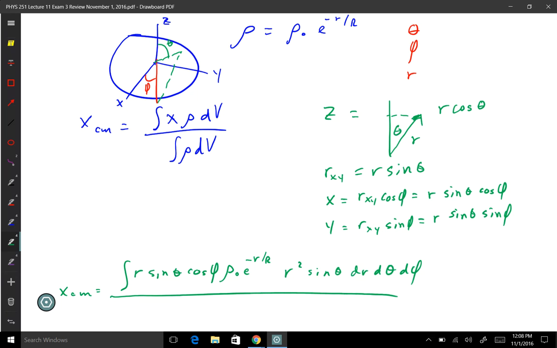Normally, in spherical coordinates, you use phi for the azimuth on the z, and then theta for the x and y plane. I didn't catch what you said. In spherical coordinates, isn't it normally that theta is the polar angle, the x and y, and then z? I thought it went this way. It makes a difference in my answer if I have it backward. Yeah, look it up, because it's going to make a difference in my answer if I have the limits wrong and the sine and cosine wrong.